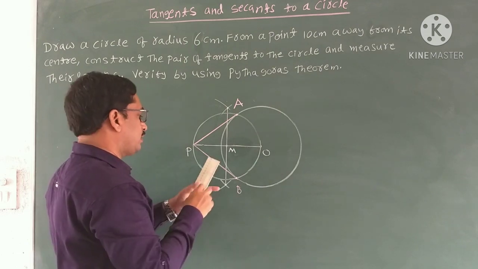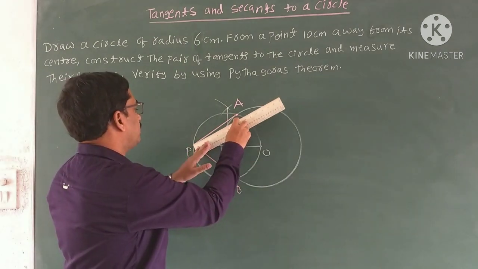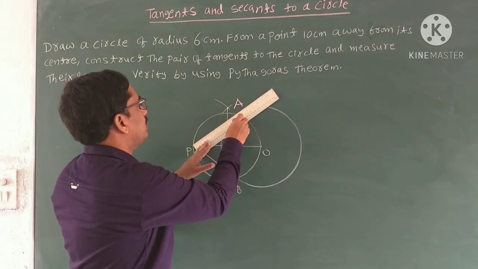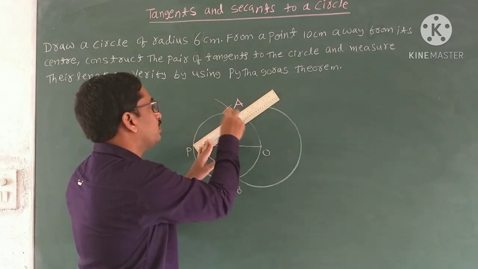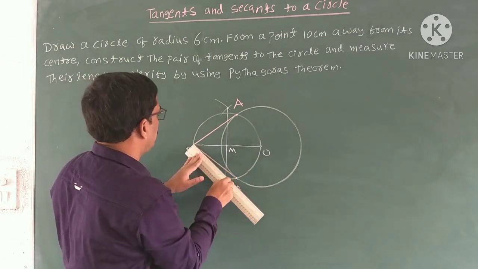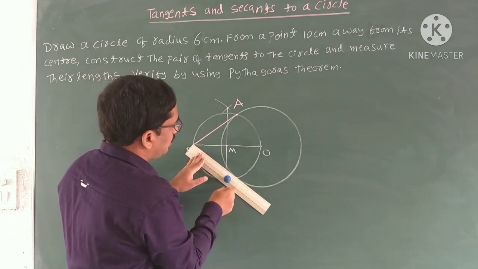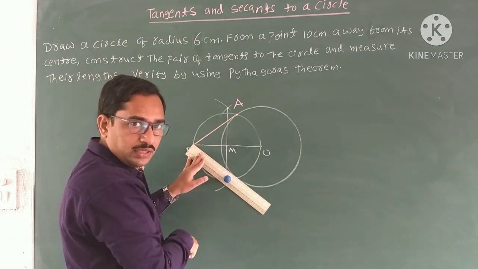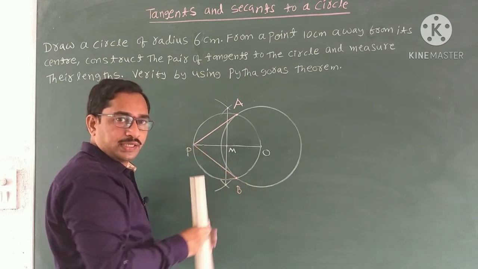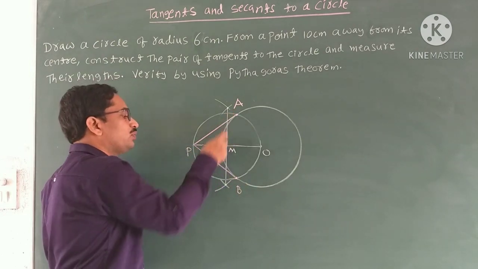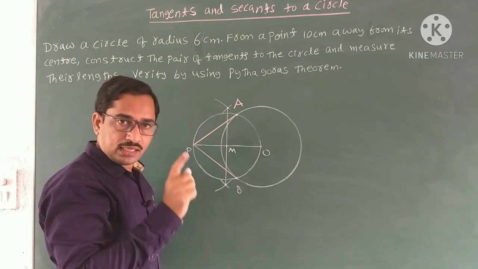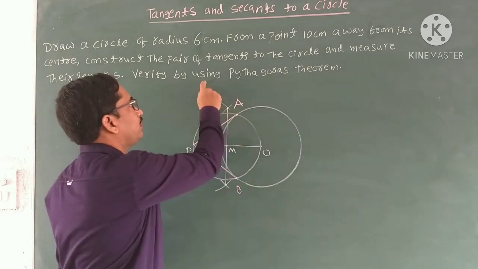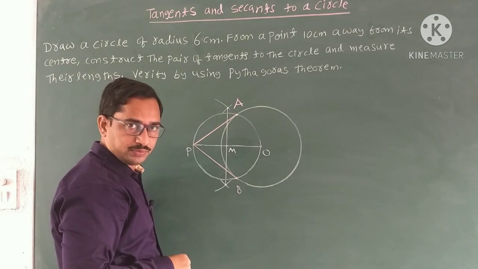Observe here the lengths of the tangents PA and PB are both equal, and both are 8 centimeters. From the external point P we can draw two tangents to a given circle, and the lengths of the two tangents are equal. Now we have to verify by using the Pythagoras theorem. See the verification.